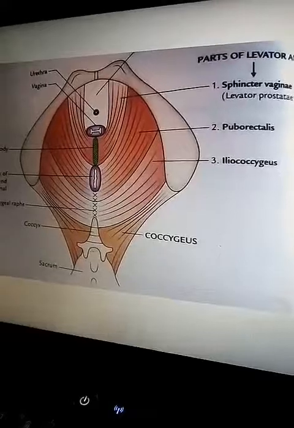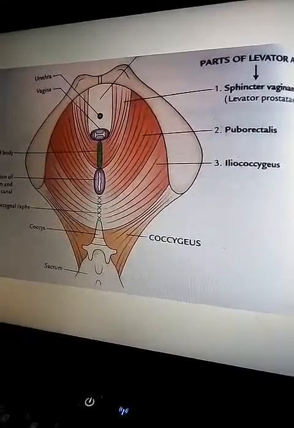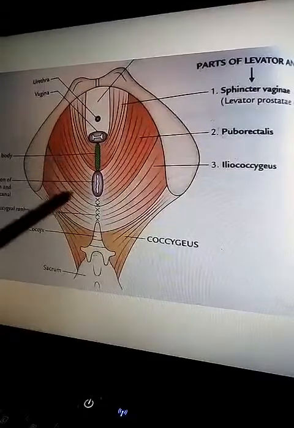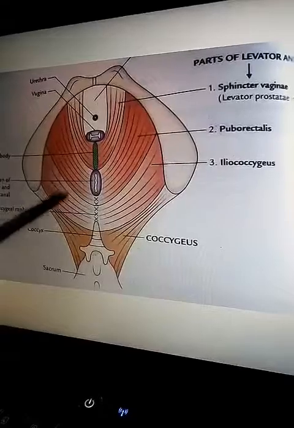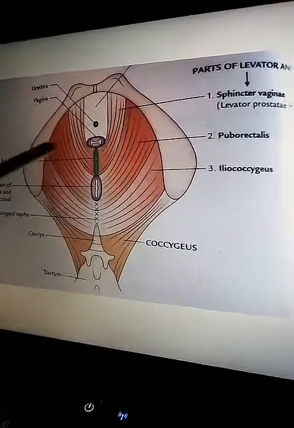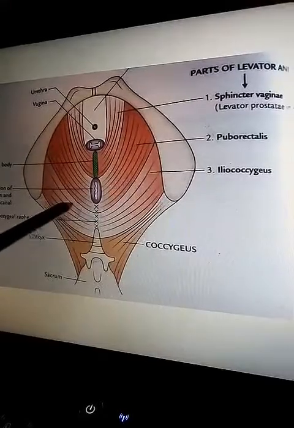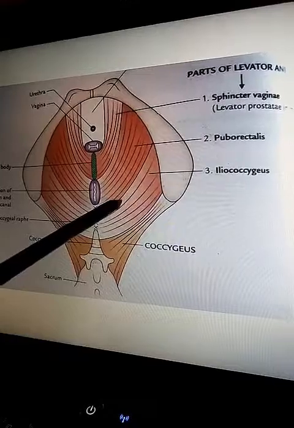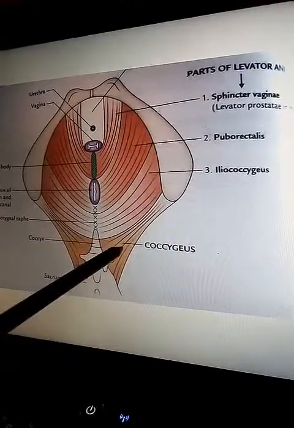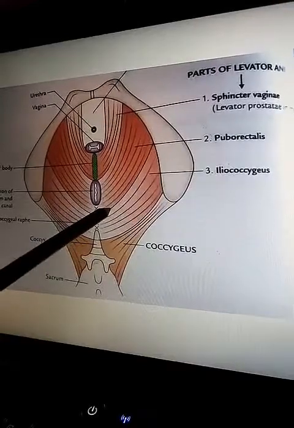Now it must be clear to you the pelvic diaphragm. This pelvic diaphragm is a muscular partition between the true pelvis and the perineum. This whole is the pelvic diaphragm. It forms a gutter-shaped pelvic floor. It is formed by the large levator ani and coccygeus muscle of the two sides and their covering fascia.